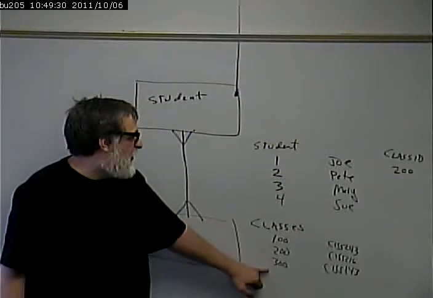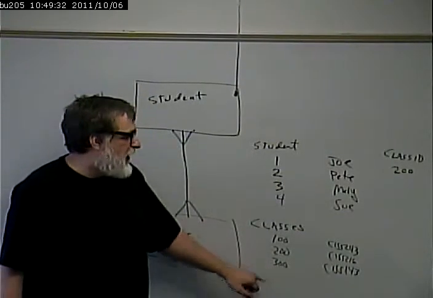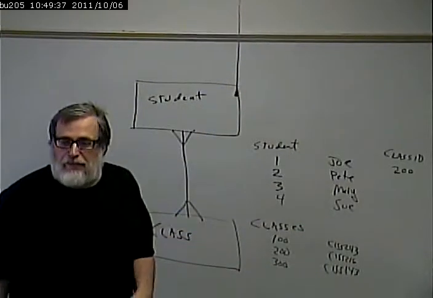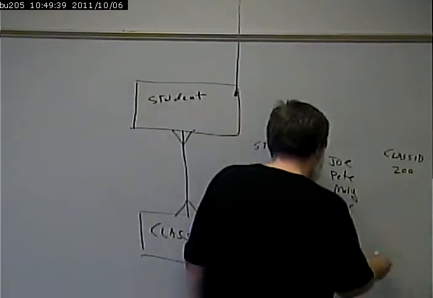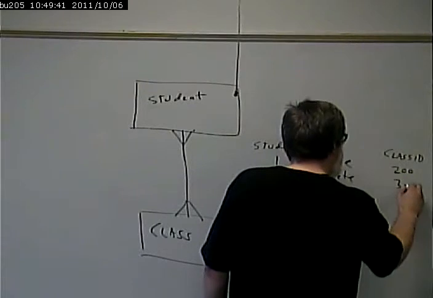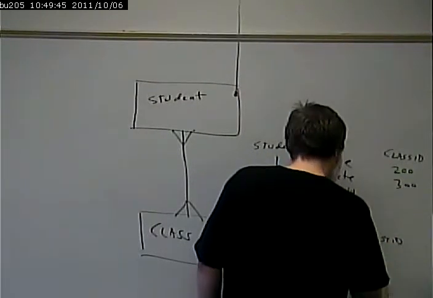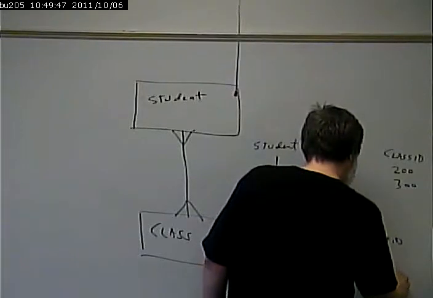Let's say that Pete and Joe take CISS 143. And that's the only class Pete takes. All right? So Pete takes CISS 143, and CISS 143 contains Pete.